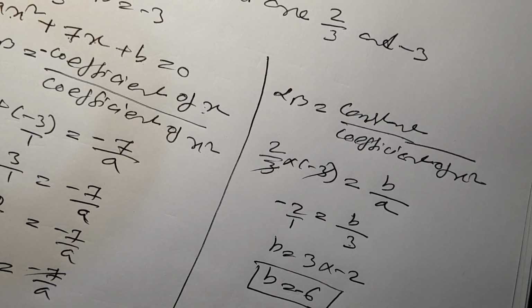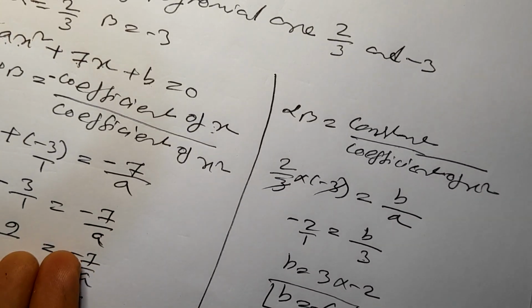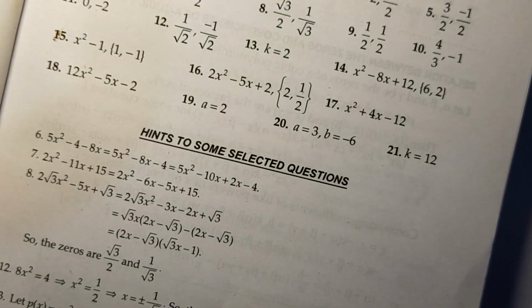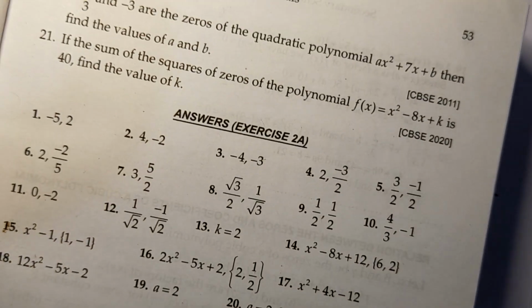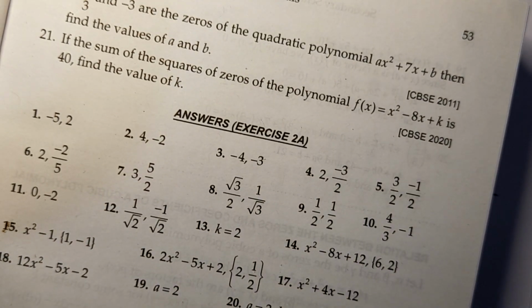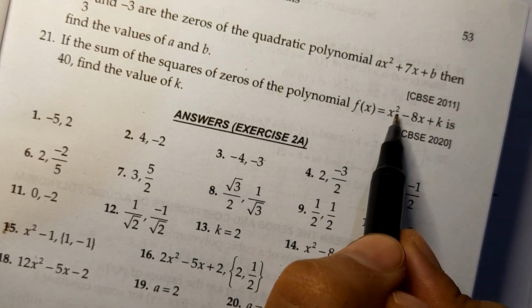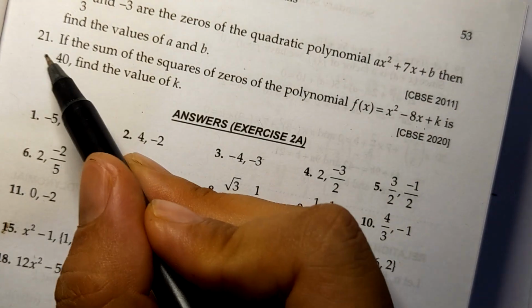That is question number 21. If the sum of the square of the zeros, read the question properly, it's the sum of square of its zeros of a polynomial f of x equal to x square minus 8x plus k is 40.